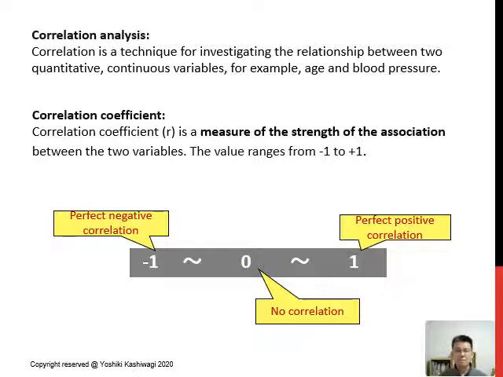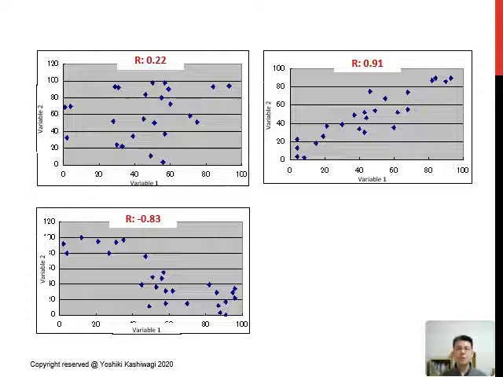Let's look at it with some examples. Here are some examples. The first one, left-hand side, the upper one. R stands for the coefficient of the correlation. In this case, if you look at variable 1 and 2, you can't see any relationship on the chart.